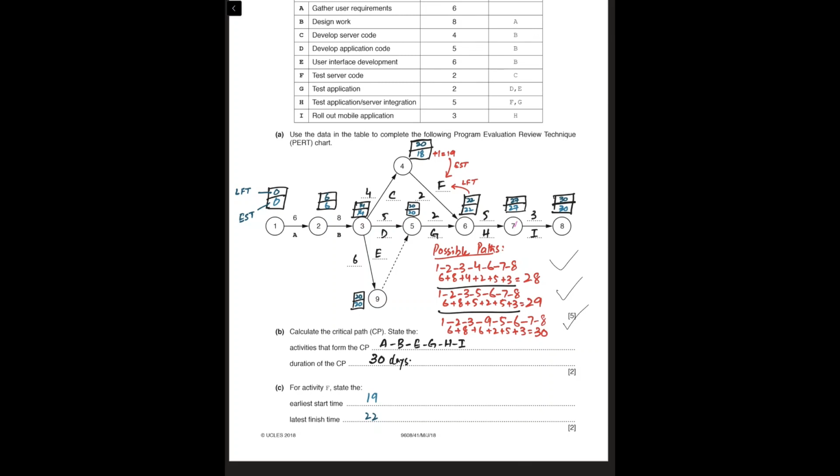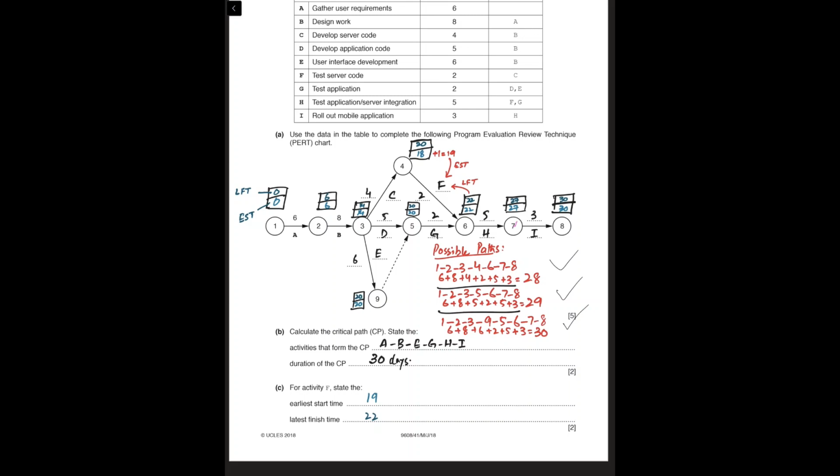Similarly, the latest finish time for activity F would be 22, as the critical path is A, B, E, G. Until A, B, E, G, the earliest finish time would be 22, and that would become the latest finish time for activity F.